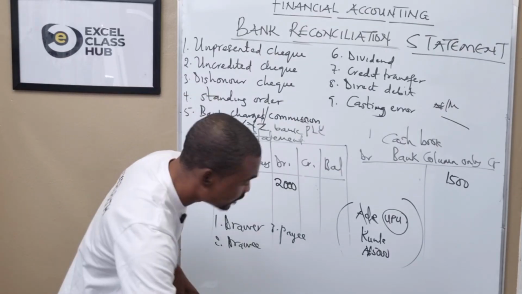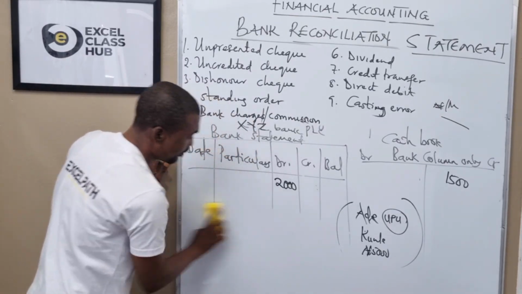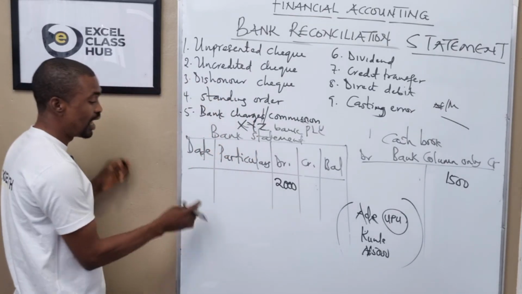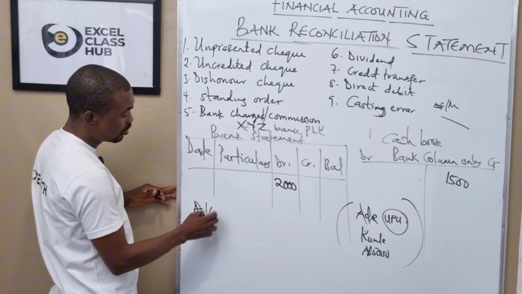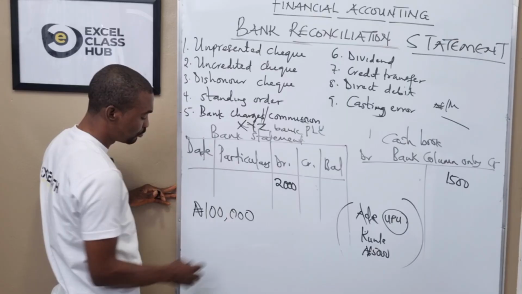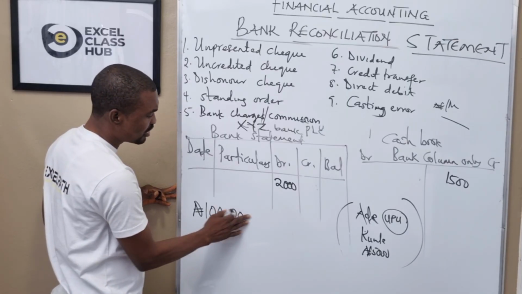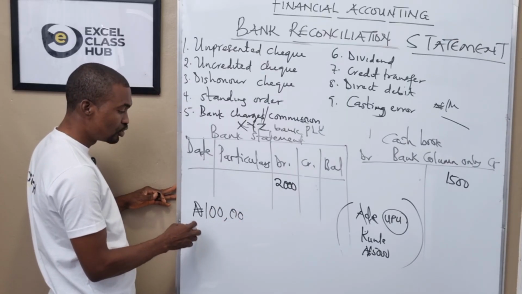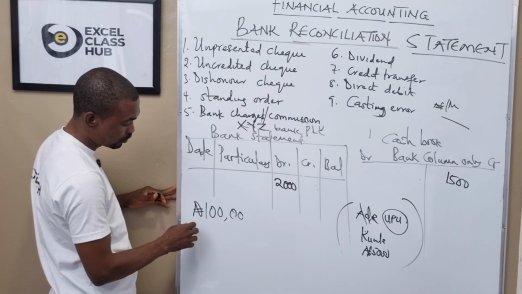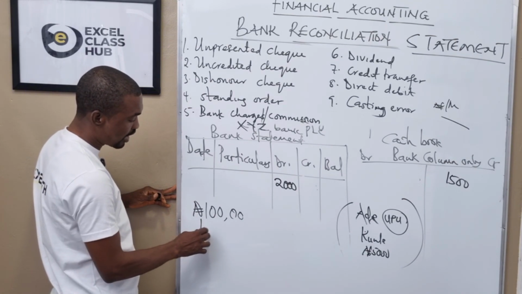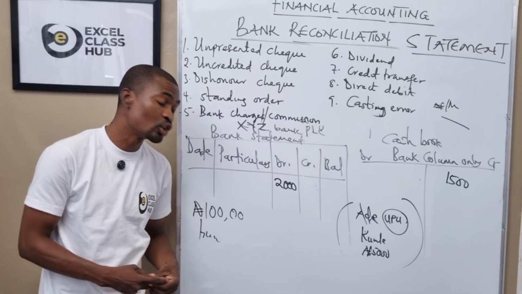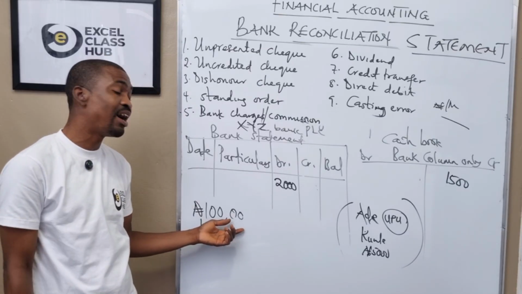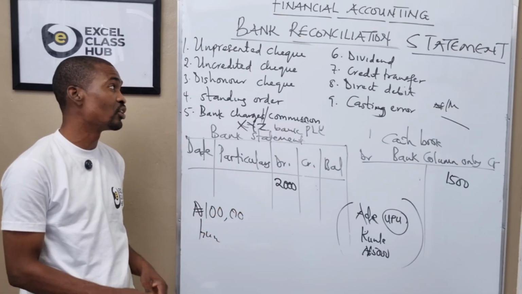Now, you give somebody a check, and the amount you wrote in figure is 10,000 naira, for instance, and the amount you wrote in words, you write it as 100,000 naira. The bank is not going to honor such a check. So when there's a difference between amount in words and figure, they will dishonor the check.